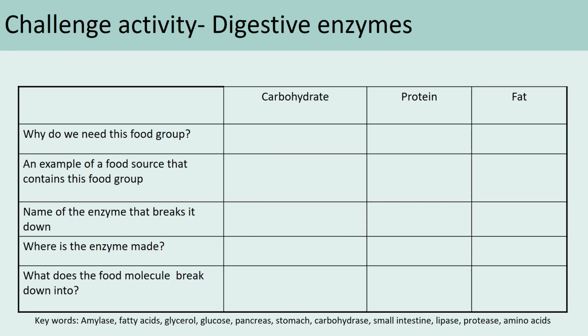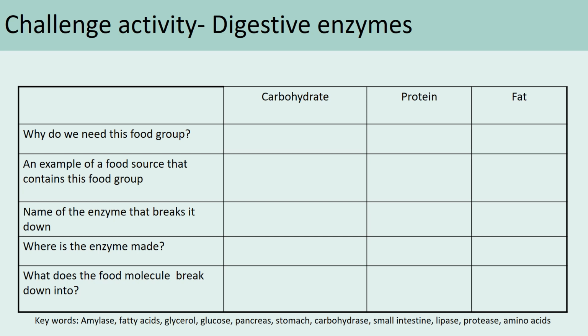Okay, so we're going to go through 3 main groups of enzymes: ones that break down carbohydrates, ones that break down protein, and ones that break down fat. And there's certain things that you need to know about these enzymes, which we've put together on this table.